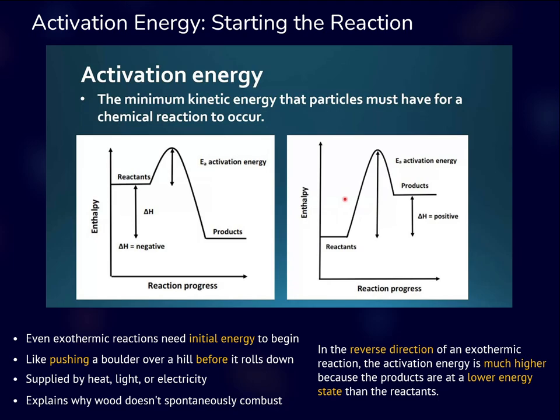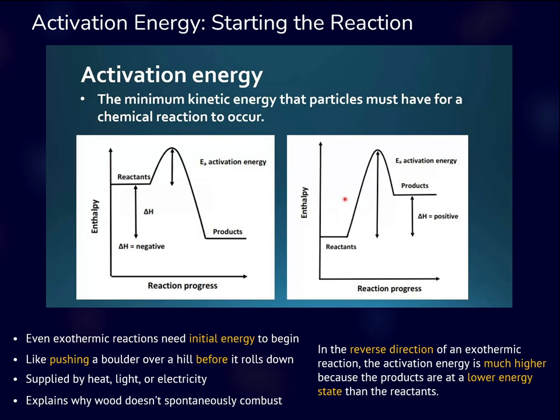For example, a sparkler, a small firework, needs a flame to start the reaction. For example, fireworks at the Hanabi Taikai don't go off until the fuse supplies the initial energy. Wood doesn't combust spontaneously. It needs an initial heat to overcome this activation energy.